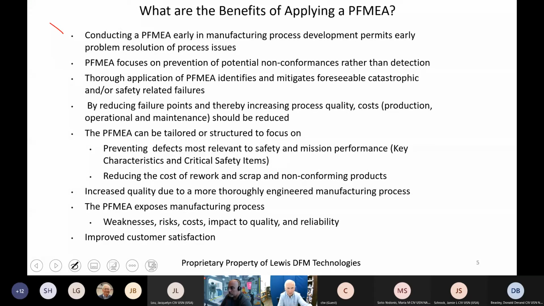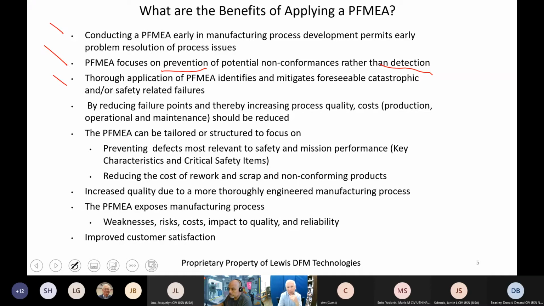PFMEA focuses on prevention rather than detection. Prevention, not detection. That's why I keep saying it's proactive. Thorough application of PFMEA identifies and mitigates foreseeable catastrophic and/or safety related failures.